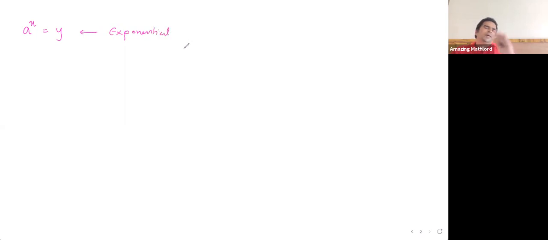Before I go ahead to convert between logs and exponents, first understand how we write log and what the significance of the things is. Log is written as log of a certain number to a certain base. Like here, the base is a.